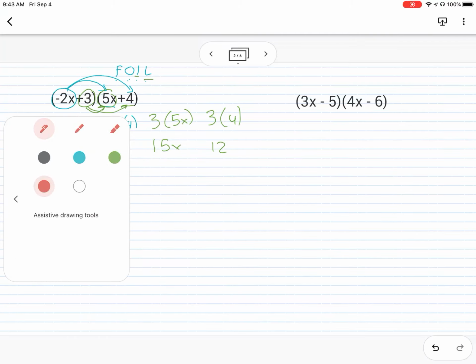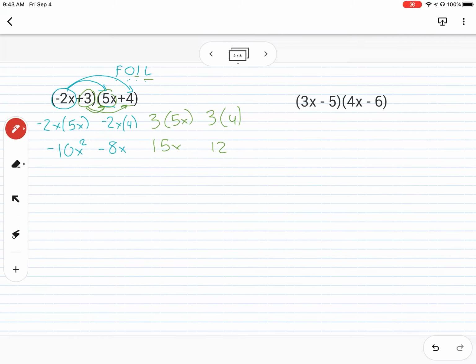So you take the four things you get, and you want to combine any like terms you have. These two here are my like terms. So I'll have negative 10x squared, 15 minus 8 would be 7, so plus 7x because it's positive, and then 12 is positive, so plus 12.